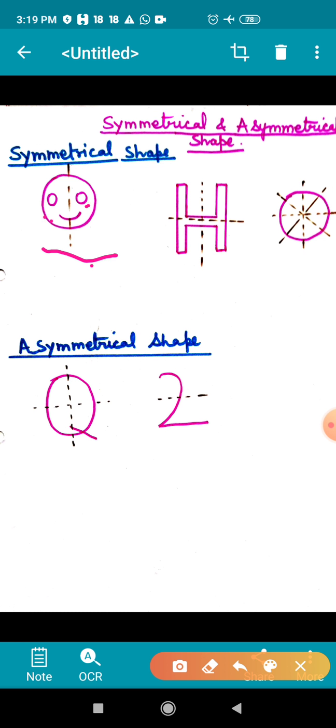It means it is a symmetrical shape, and the line that divides this shape into two parts is known as a line of symmetry. Okay, children, you can draw two or more lines of symmetry in a figure.